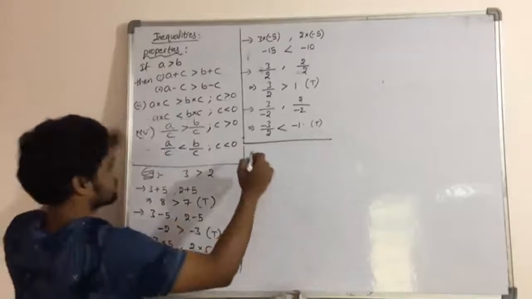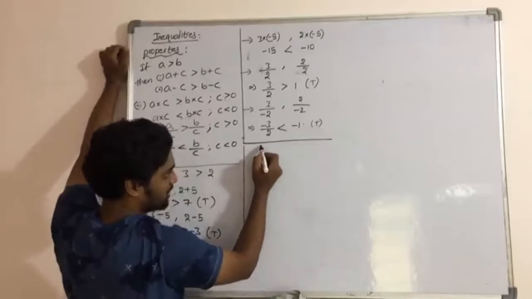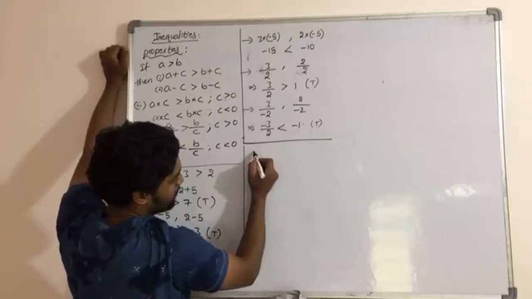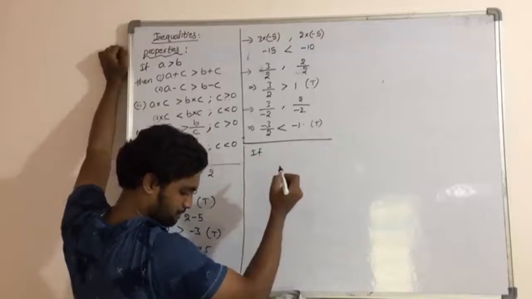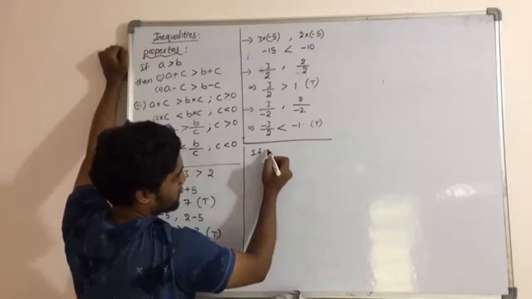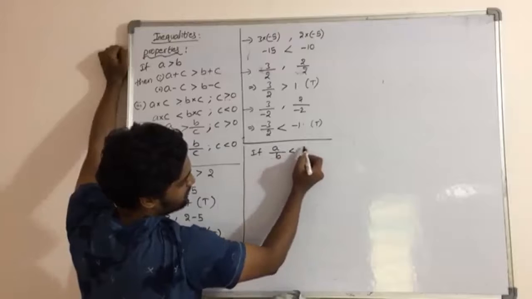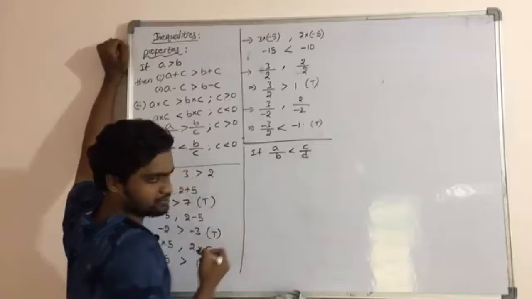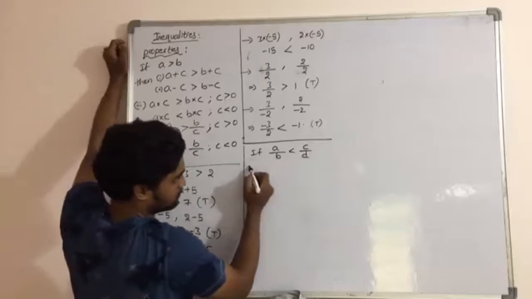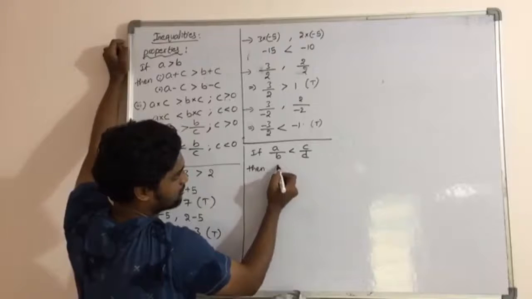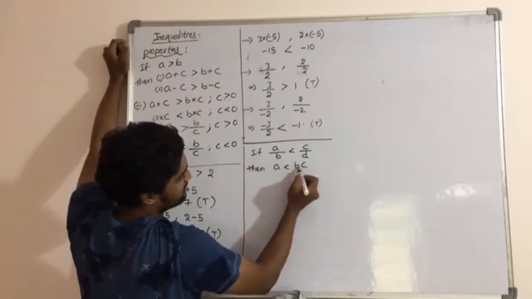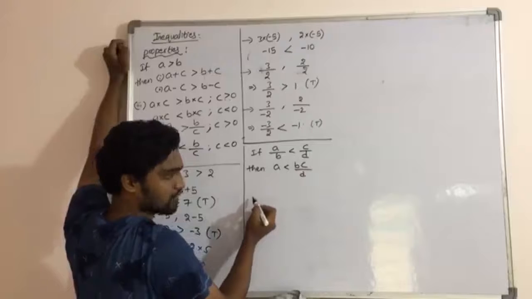Now, some more properties. If A by B less than C by D, then A less than BC by D. Conditions.